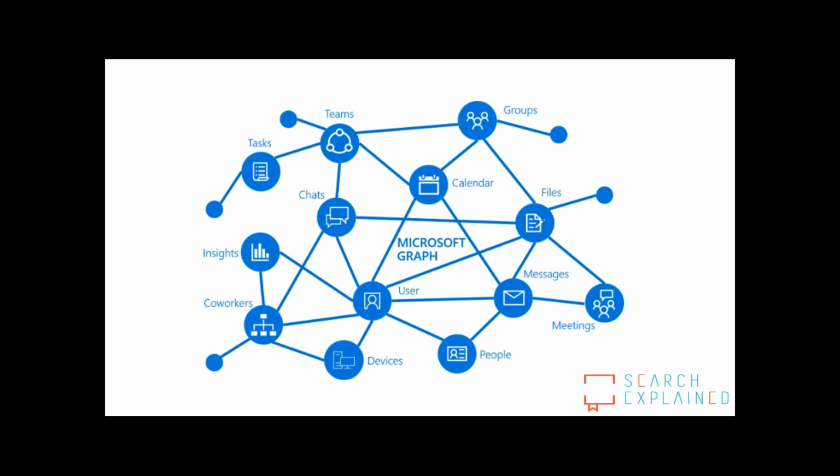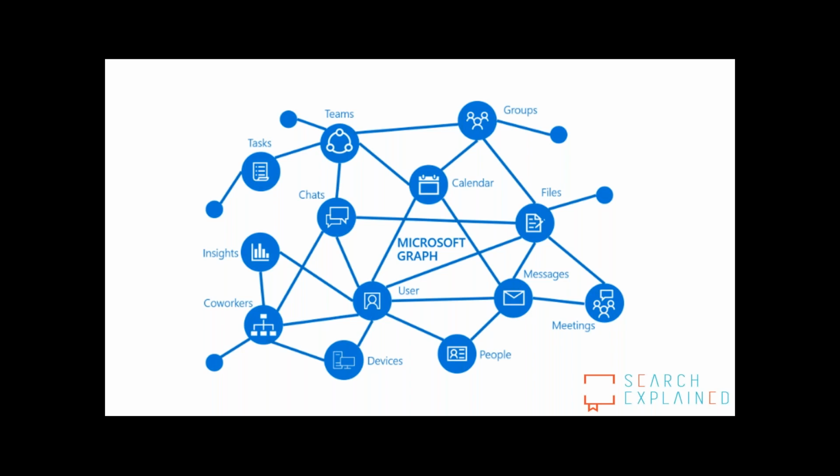This close relationship means either I have been working with the content recently, or someone who is close to me in the graph has. So you can imagine it's a complex thing, but basically this is how it works.